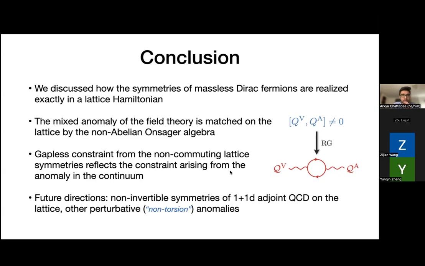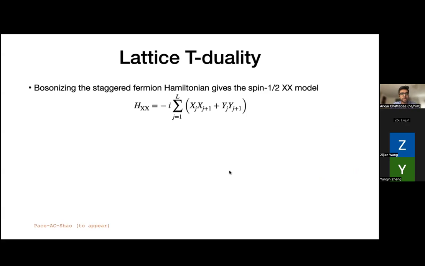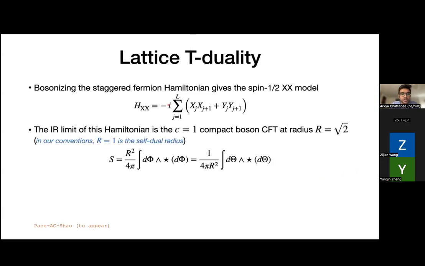And let me quickly mention something about this bosonized version of the problem that was raised in the question. This is some work that's still in progress. We show that if we bosonize the Hamiltonian, you get the XX model, or the isotropic XY model, as some people call it in the literature.